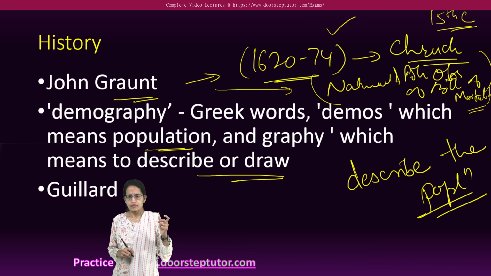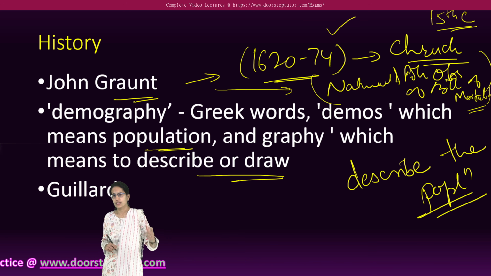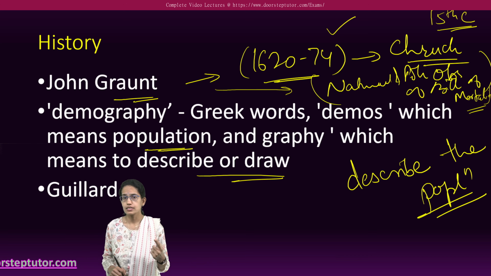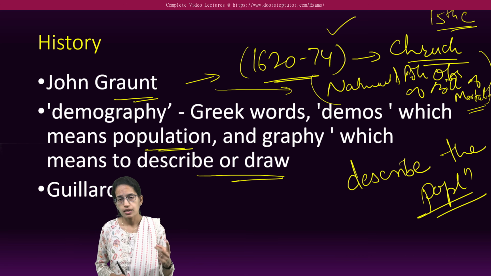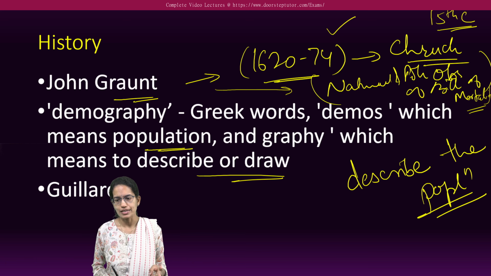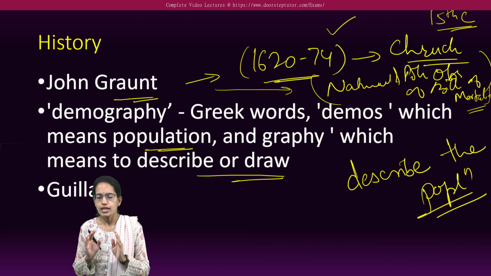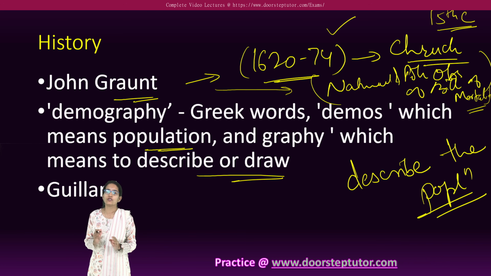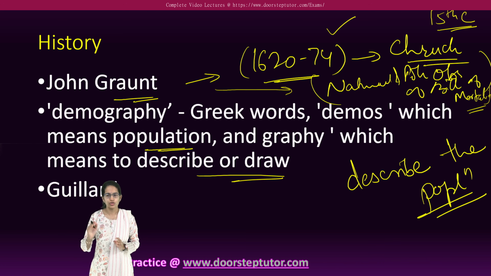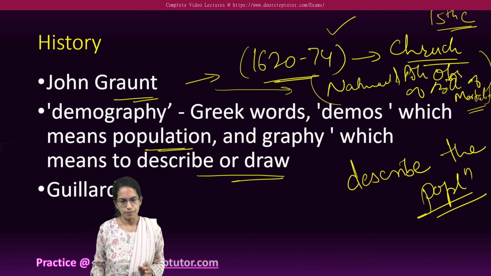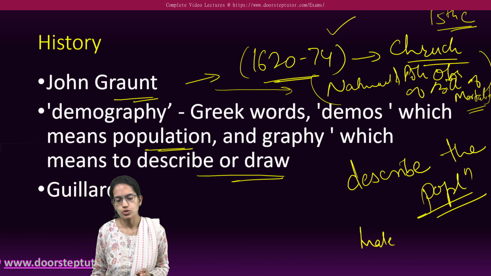And then John Graunt talked about predominantly three things: fertility, that's the birth rate; mortality, the death rate; and marriage, and migration. He said all these things were interrelated in the sense that they are based on definite postulates. So according to him, male births in a society are always greater than female births.